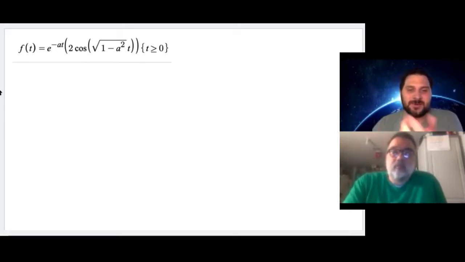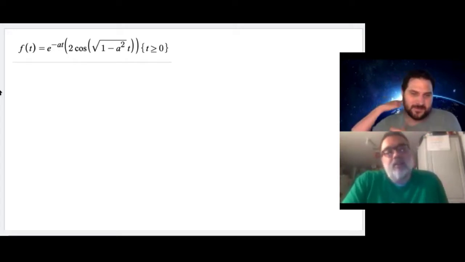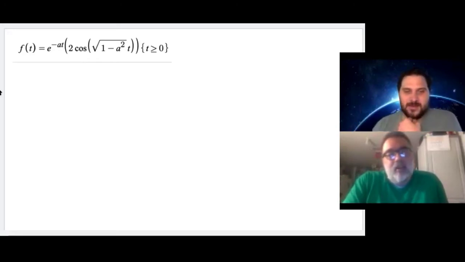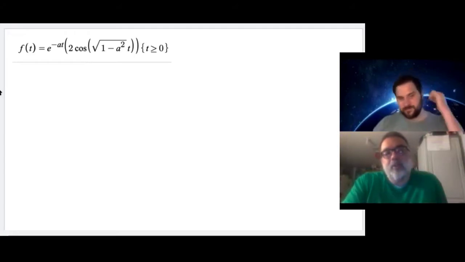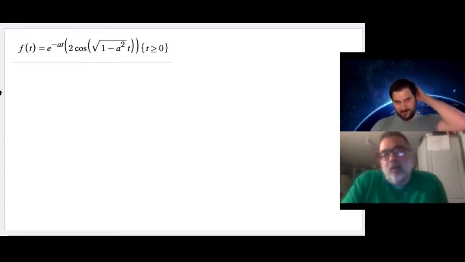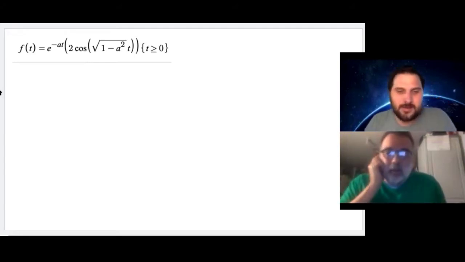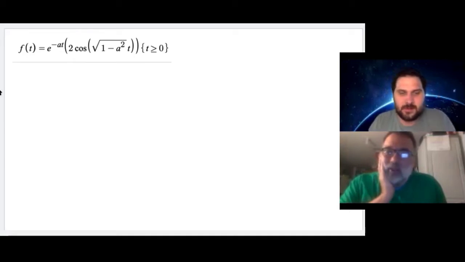Did you recognize what this function is? My thought looking at it was damped oscillation, but I was unfamiliar with the square root of 1 minus a squared, like what kind of parameter that might relate to.